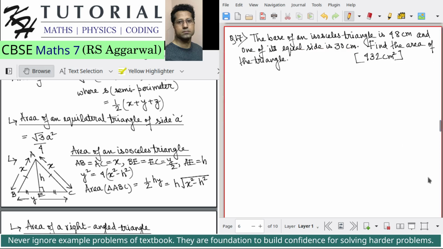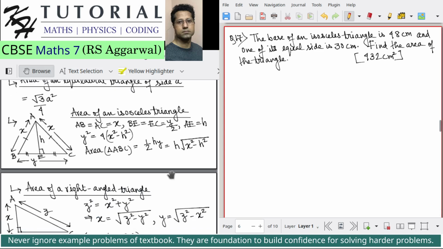The base of an isosceles triangle is 48 centimeter and one of its equal sides is 30 centimeter. Find the area of the triangle. Okay, so we already discussed the area of an isosceles triangle and the relation between the base, which is y.